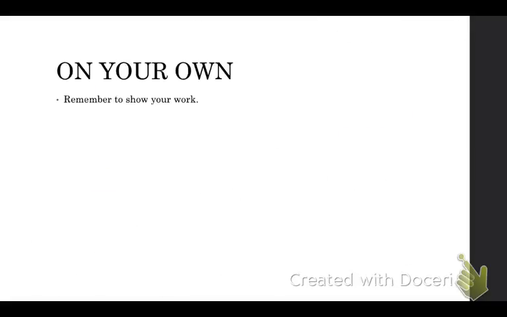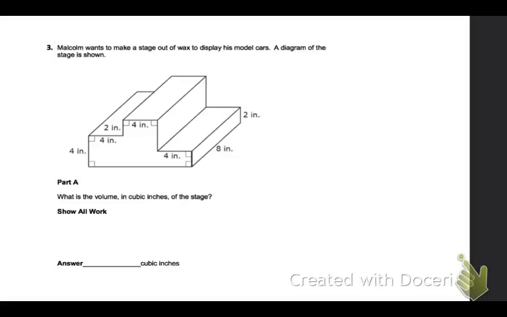Now you're going to try one on your own. Remember, even if you're using a calculator, you are writing down what you put in the calculator. And here's your problem. Malcolm wants to make a stage out of wax and display his model car. A diagram of the stage is shown. What is the volume? So be careful.